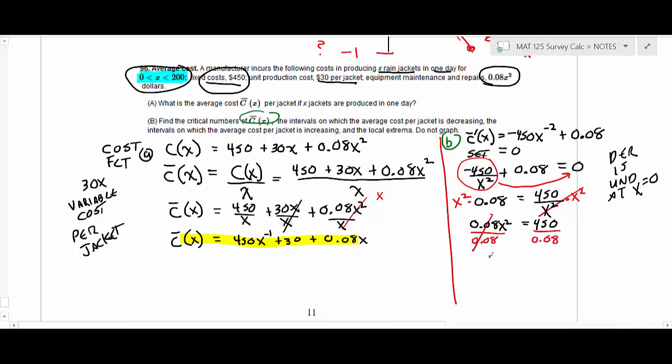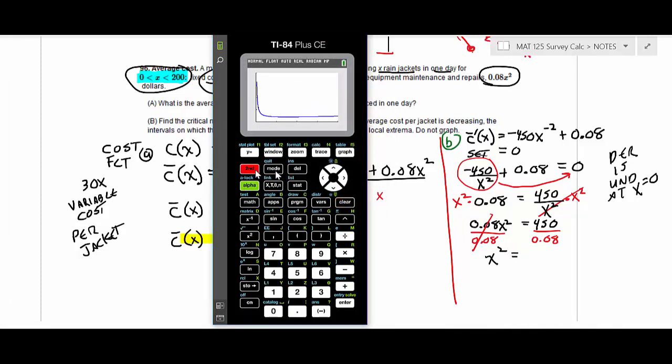Now I need to take my calculator when I work this out. So you need to take your calculator and divide out the 450 divided by 0.08. So let's do that. 450 divided by 0.08 will give 5,000 and something, I think. There we go. Okay, so that is 5,625.